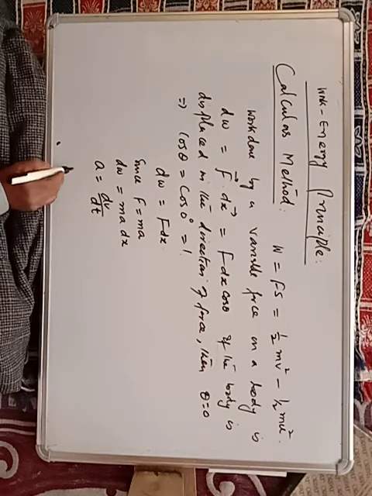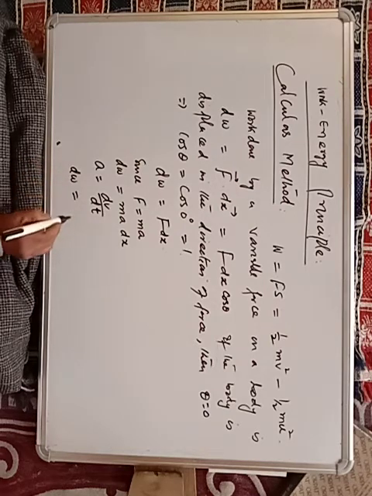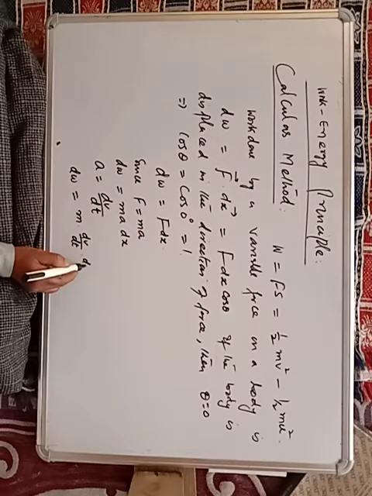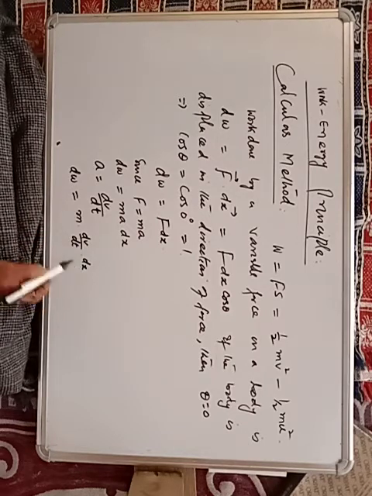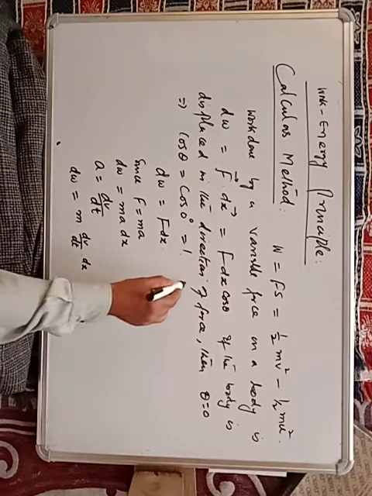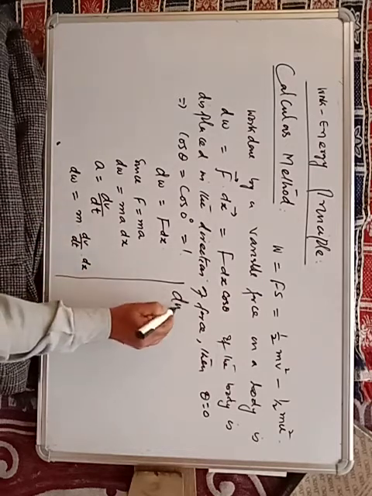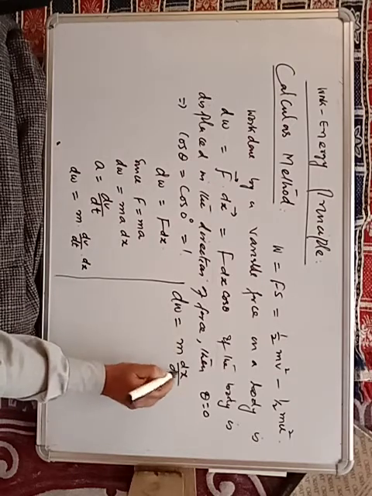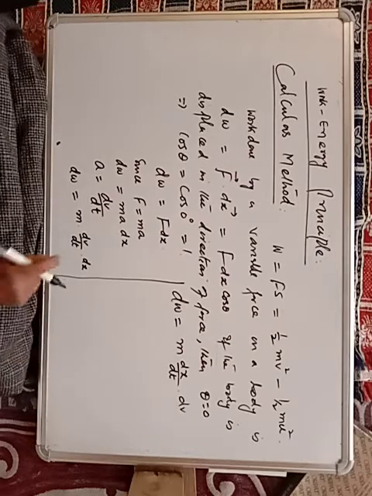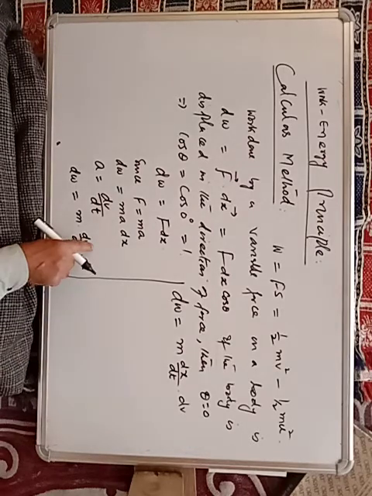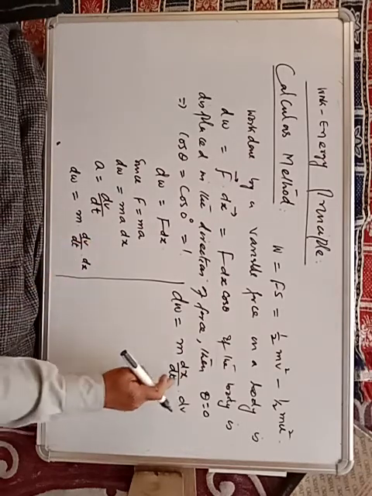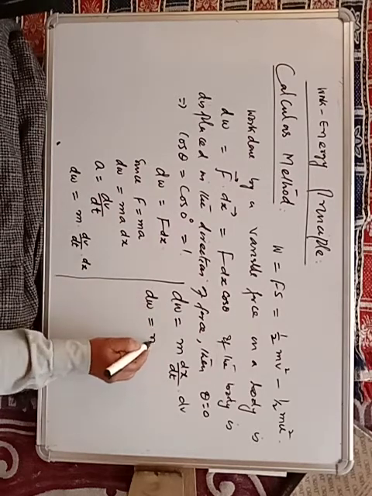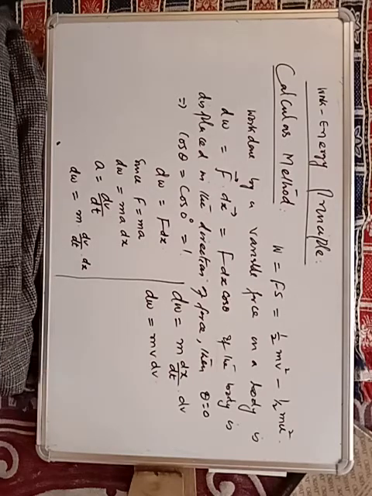So we can write dW is equal to m dv upon dt into dx, or we can write it as dW is equal to m dx upon dt into dv. So dx upon dt is equal to velocity, so dW is equal to mv dv.